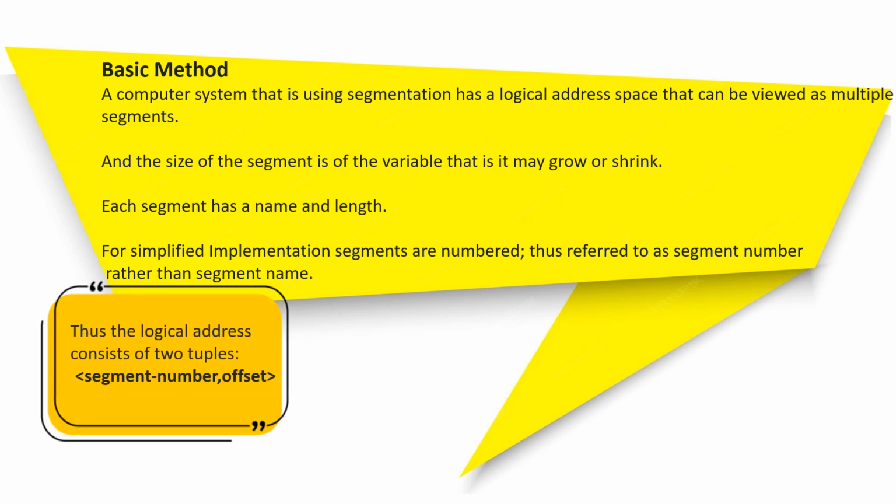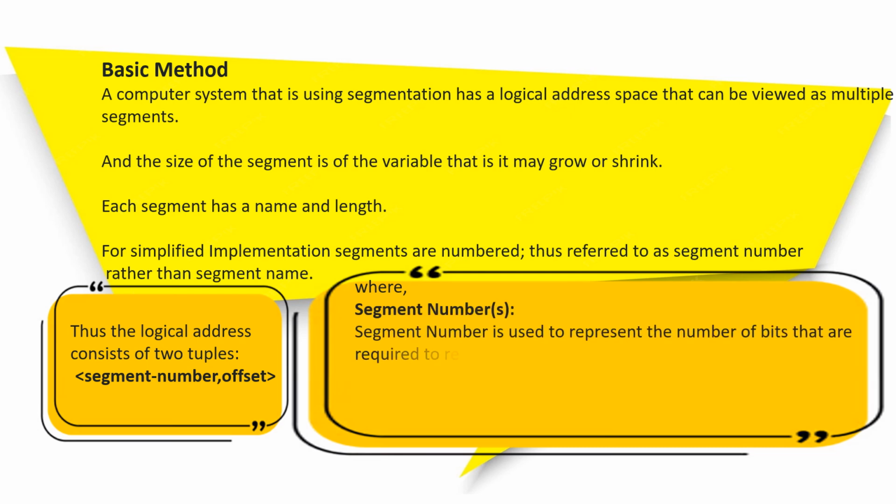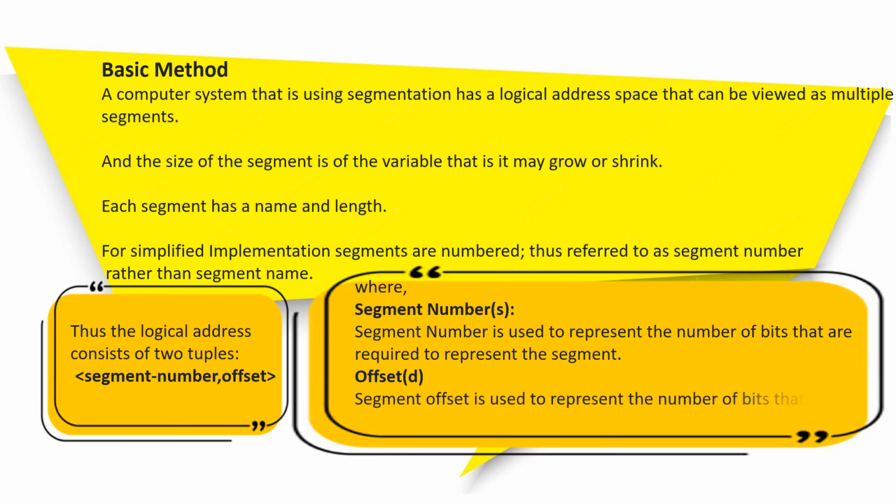The logical address consists of two tuples, the segment number and the offset, where the segment number represents the number of bits required to represent the segment, and the offset represents the number of bits required to represent the size of the segment. So this is the basic implementation of segmentation.